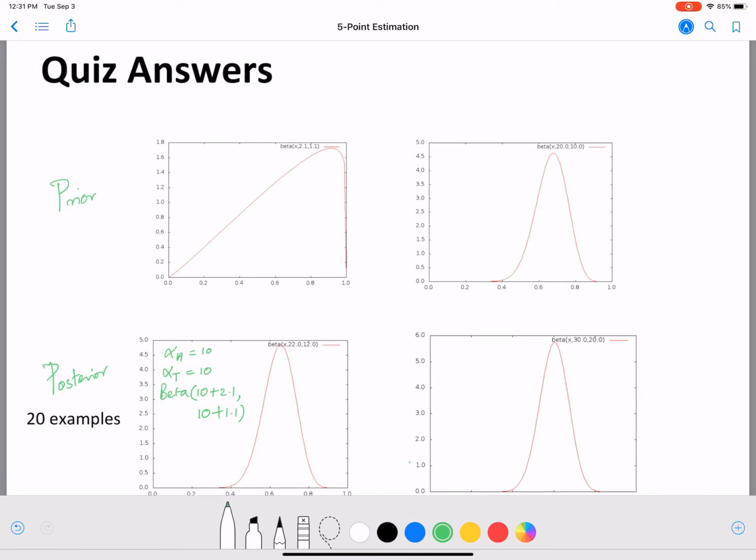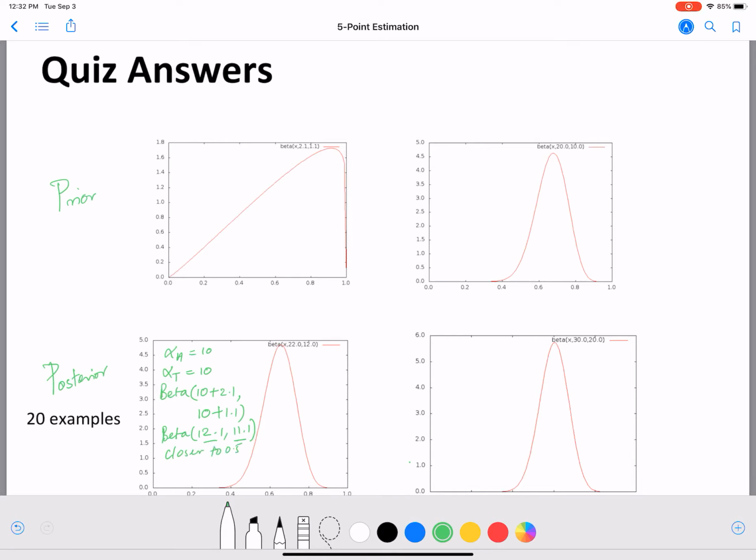So then we have beta of 12.1, comma 11.1. So now we can see that these are high and the difference is smaller. So the curve should be very close to 0.5, closer to 0.5.